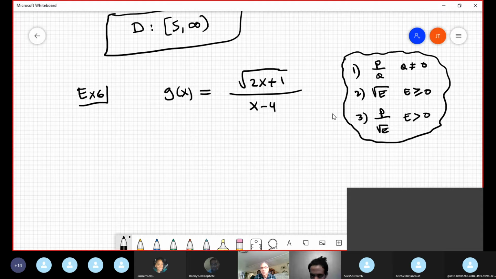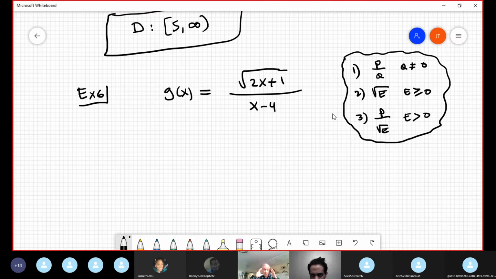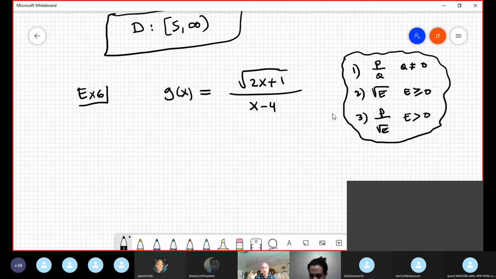Restrictions 1 and 2, I can see this using my eyes. We have a fraction, a division, something divided by something. And also I can see in the top part one square root.